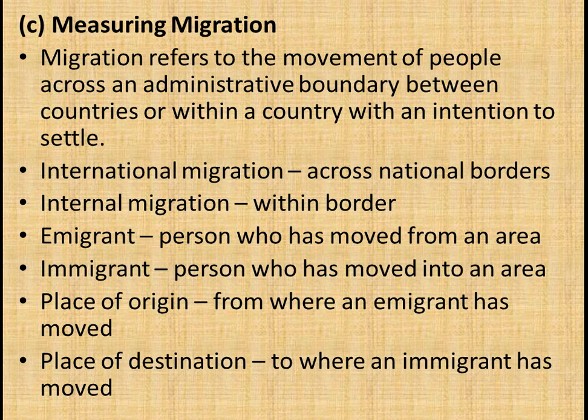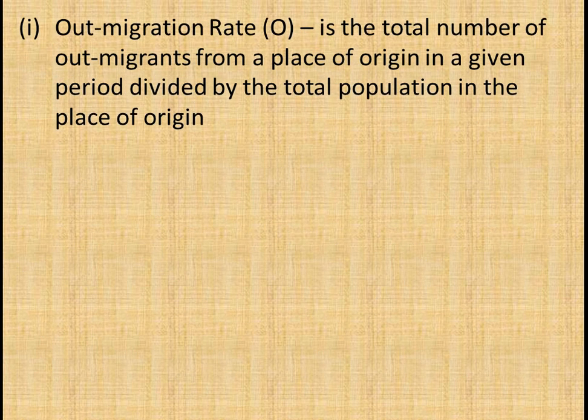The first measure of migration is out migration rate, denoted O. Out migration rate is the total number of out migrants from a place of origin in a given period divided by the total population in the place of origin.